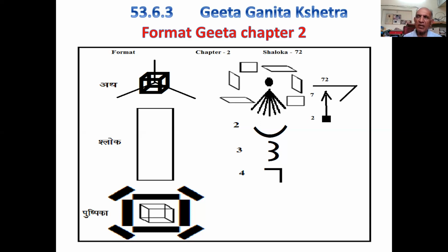Sankhya Yoga is the yoga of knowledge. Karma Yoga is the yoga of actions, of logistics, of applied steps. The pure values are the Sankhya Yoga, and applied values are the Karma Yoga.